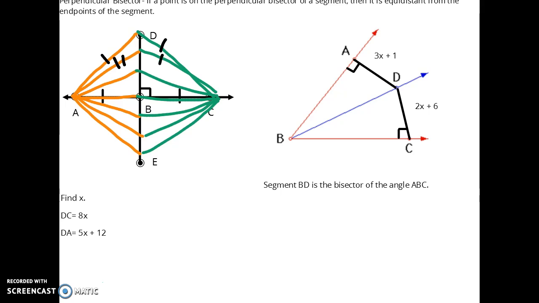This line segment is congruent to this line segment. This line segment 3 is congruent to this line segment 3. So on and so forth. So this line segment is congruent to this line segment.